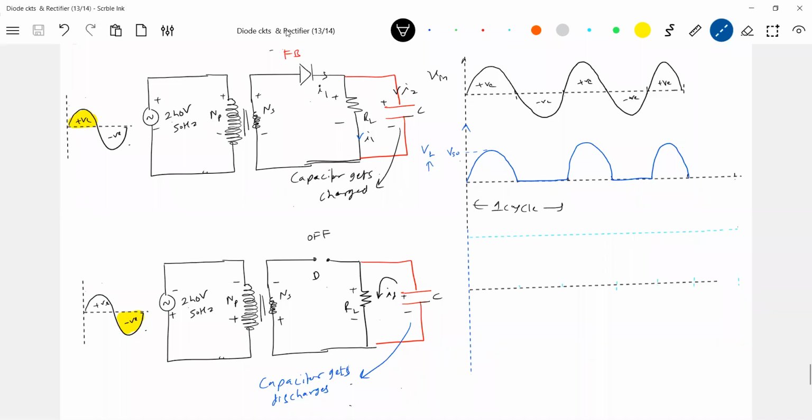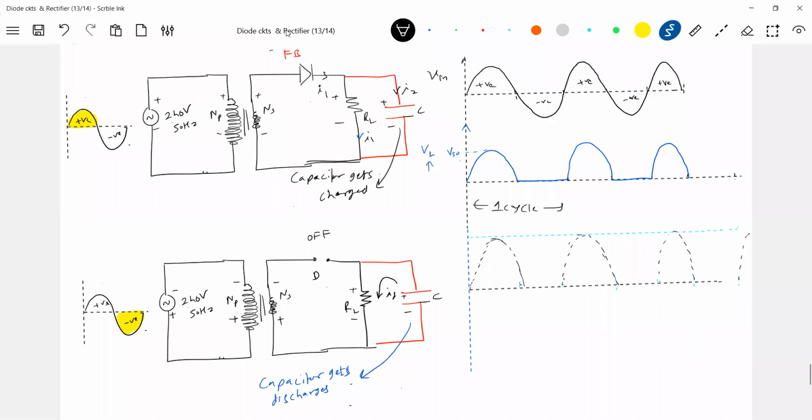Let's come to plotting the graph. So during the positive half cycle, like this you can continue.